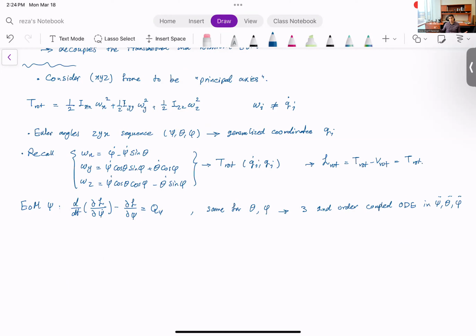But they can give you the equation of motion described in three rotational variables, psi, theta, and phi. So it is possible to write the equation of motion for rigid bodies. You have three translational ones that are easier and three rotational ones that are gigantic.